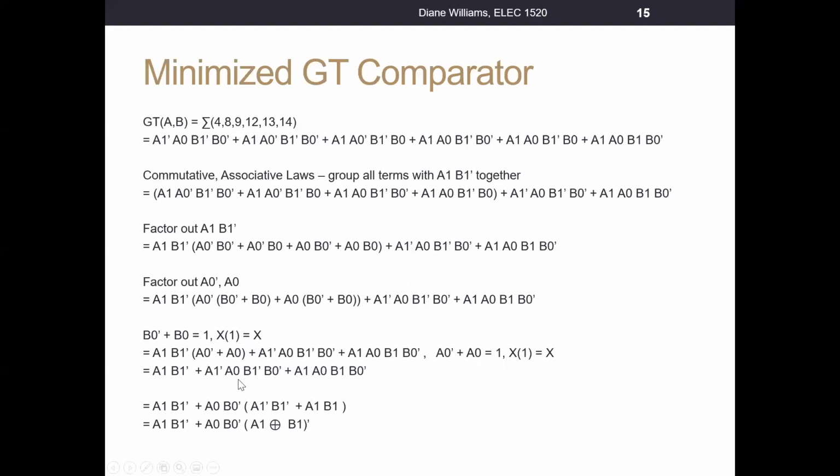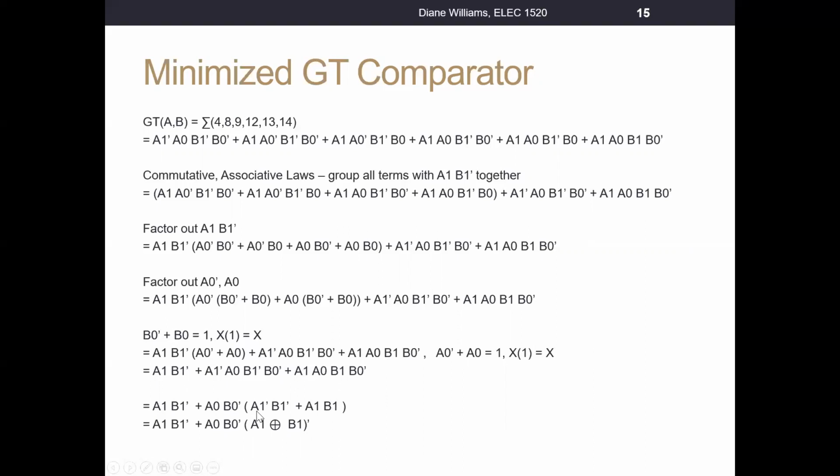Right. But what we did in the truth table is we then further reduced, right? We were able to group and further reduce into sum of products form. But here, what I want you to recognize now is let's factor out this term, A0, B0 not. A0, B0 not is in common, right, with both of these terms. So we're going to use the distributive law to factor that out.